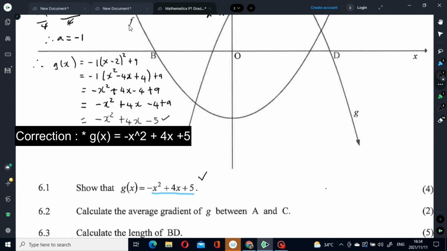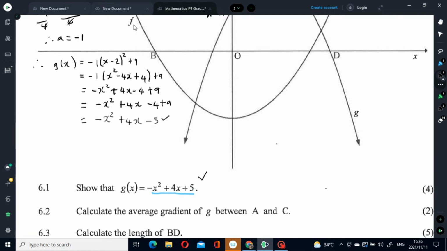Very important, right? So let's have a look at 6.2.